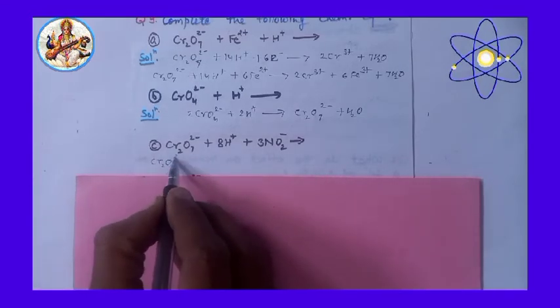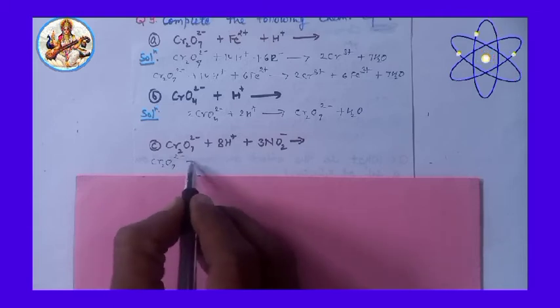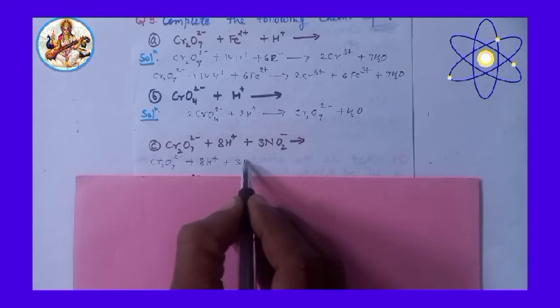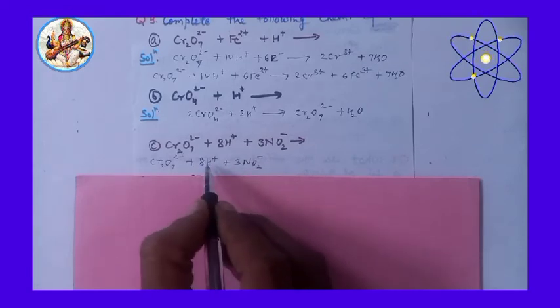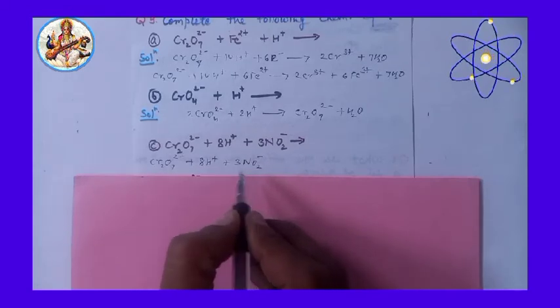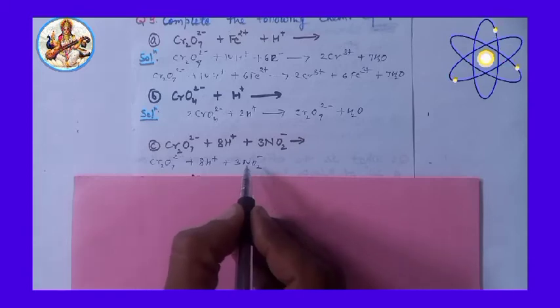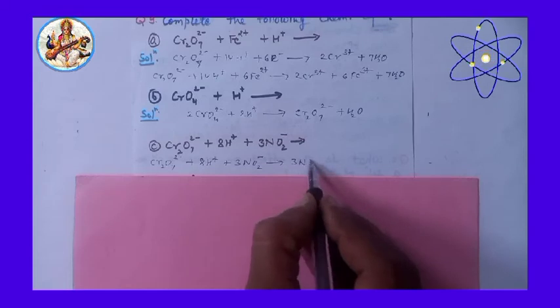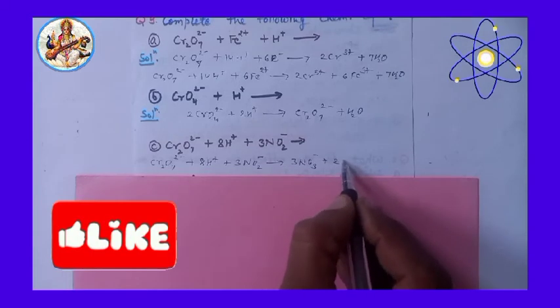So the chemical reaction is dichromate ion oxidizes acidified nitrites into nitrates.